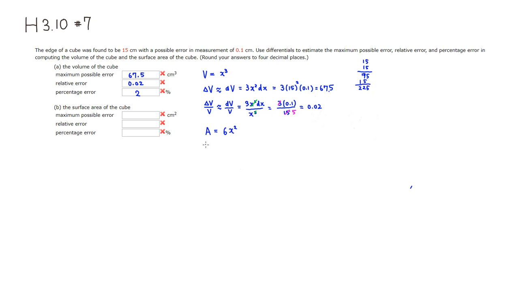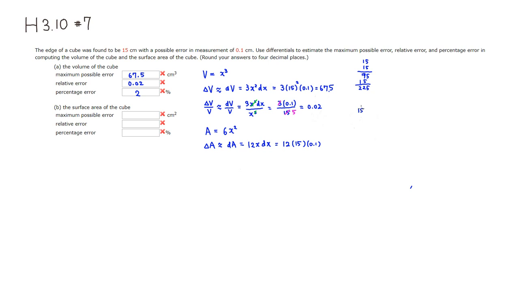So the error in finding the area can be approximated by dA, and the derivative of that is 12x times dx, which is 12 times 15 times dx, 0.1.